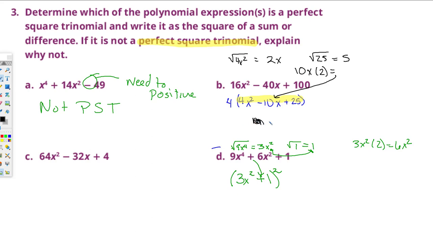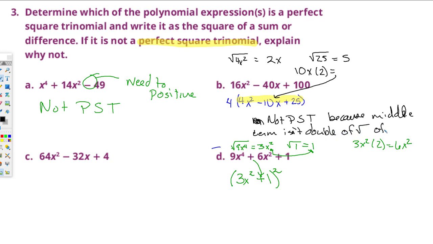So, not a perfect square trinomial because the middle term isn't double the product of the square root of first and last. Sorry, I'm running out of room. Is my shorthand okay for y'all?